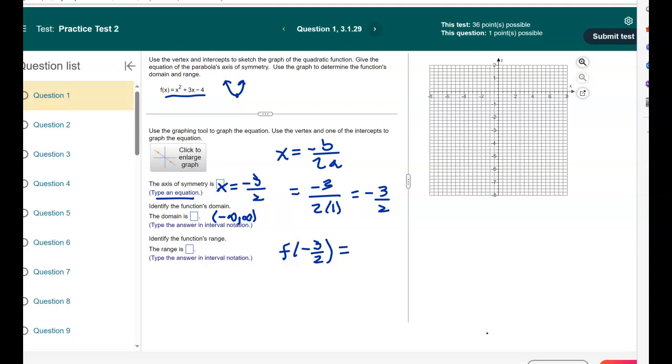You do that by evaluating this function here. So you evaluate the function at x equals negative 3 over 2.